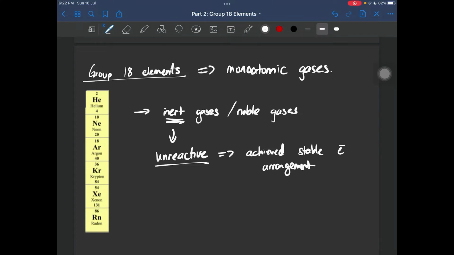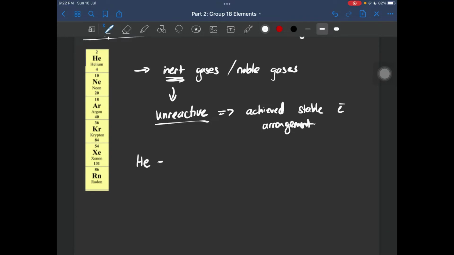For example, let's take helium. Helium has 2 protons, which means it has 2 electrons, and therefore the electron arrangement is 2. So helium has achieved stable duplet electron arrangement, while the other elements in group 18 have achieved stable octet electron arrangement. Therefore, they do not need to receive or release electrons, because they have already achieved stable electron arrangement.